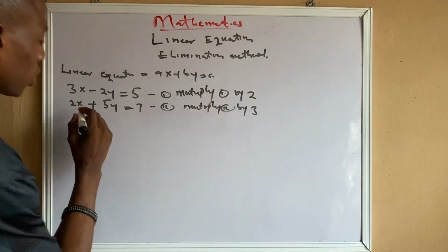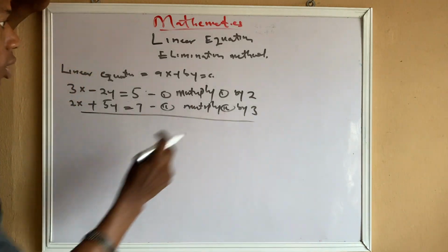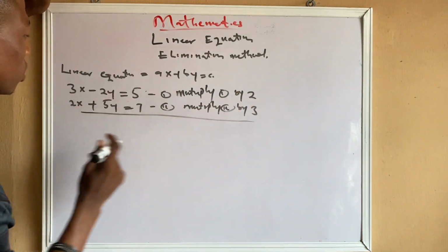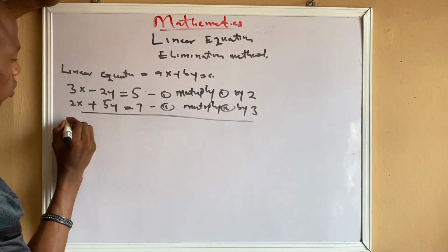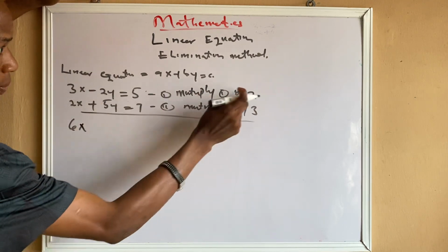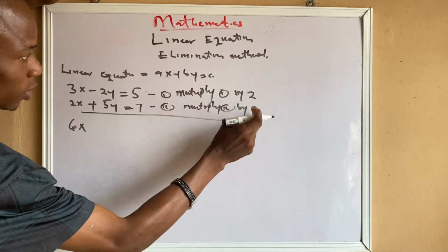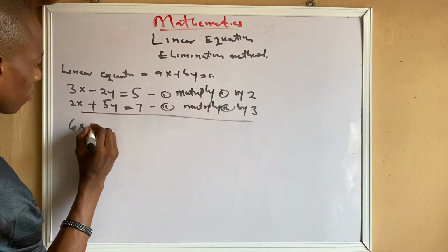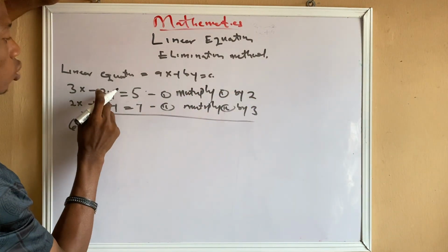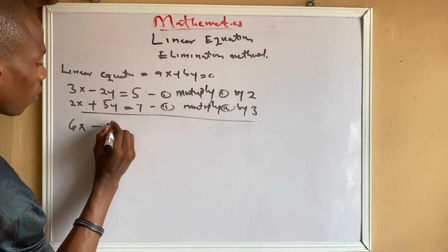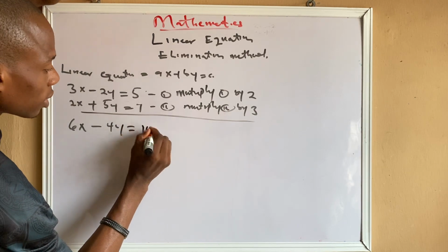Now let's multiply it. Since we have multiplication throughout, we are multiplying it throughout. So 3 times 2, 6x, right? We are multiplying 2 by all this, and 3 by all this. Plus 2 times 2y, that is minus 4y, is equal to 10, right?